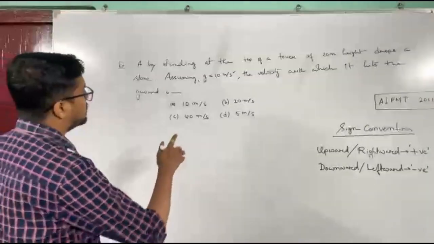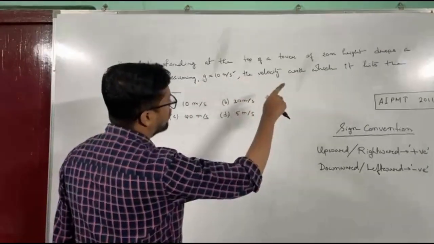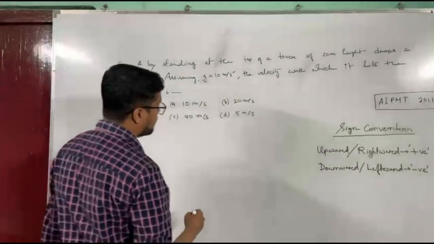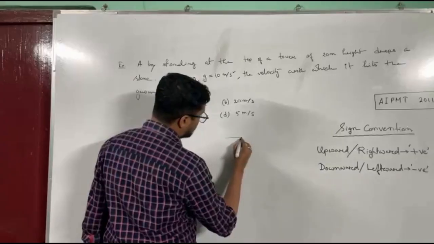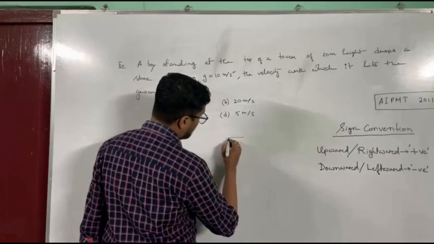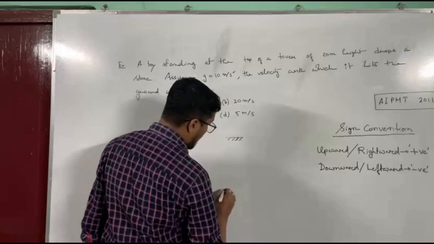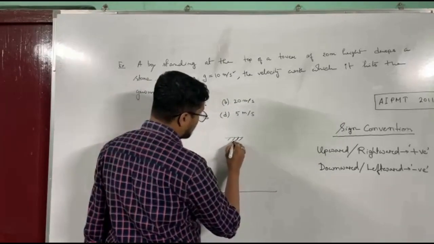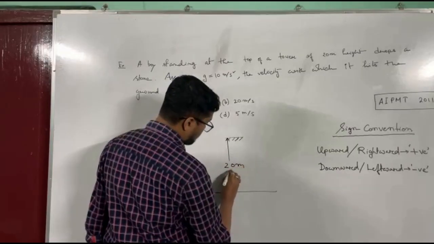The question says that a boy standing at the top of a tower of 20 meter height drops a stone. Let us say this is the top of the tower, and the height from the ground of this tower is 20 meter.